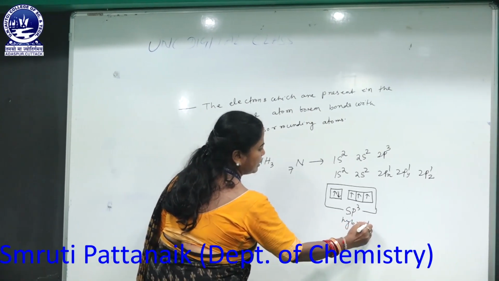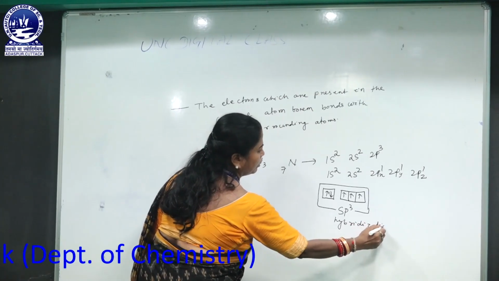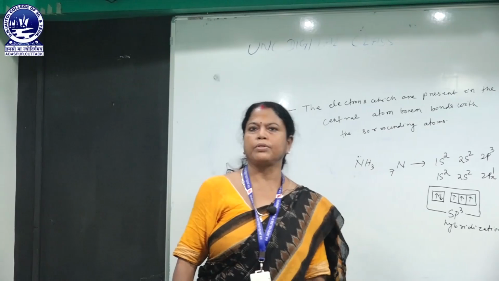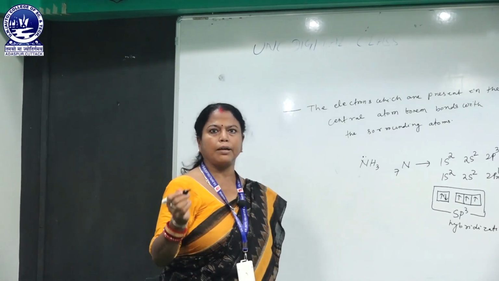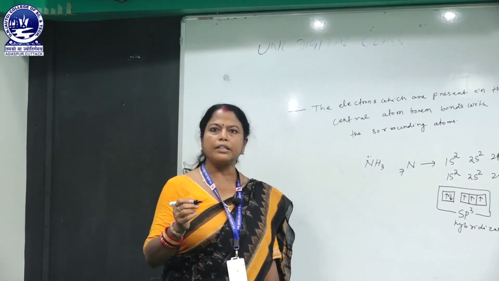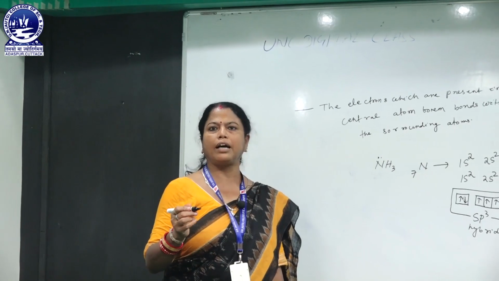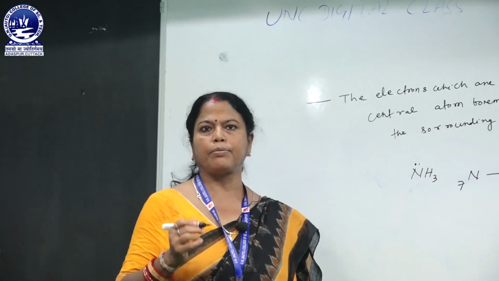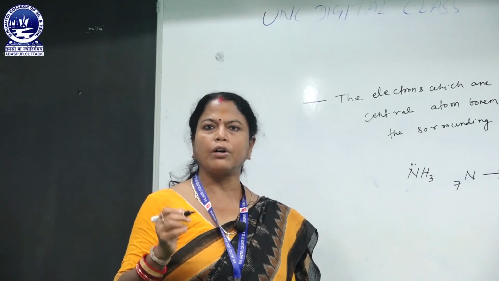So what is the result? Four sp3 hybrid orbitals are formed, and out of the four, one orbital is a filled hybrid orbital and the other three are half filled hybrid orbitals. So how do they form bonds?